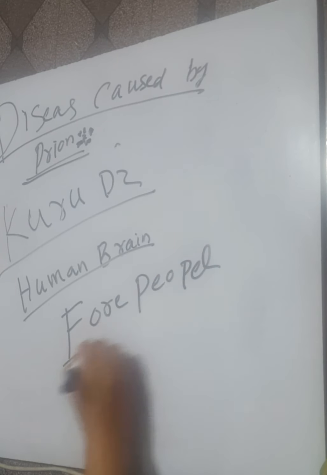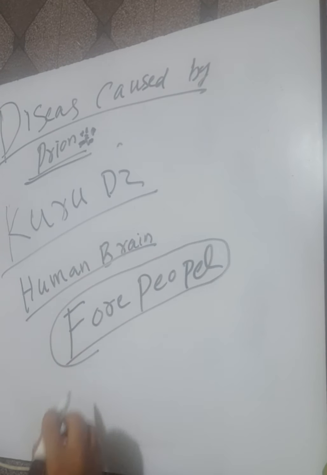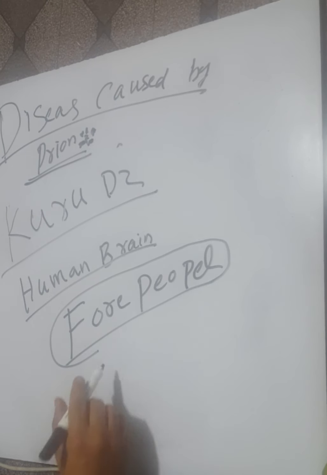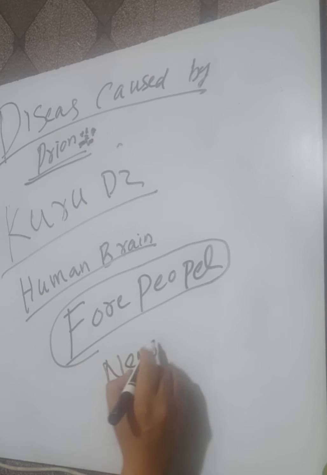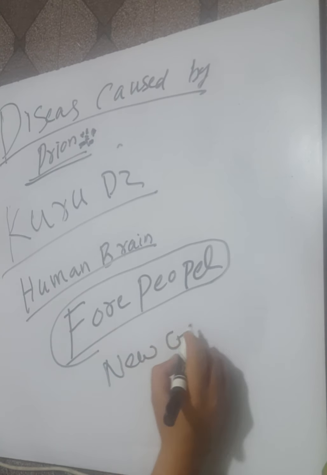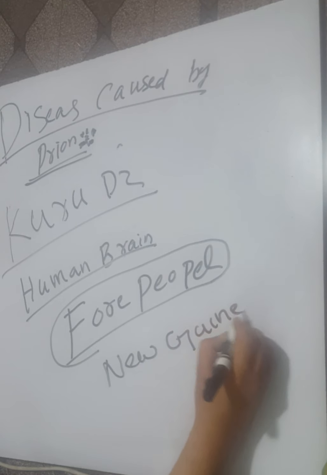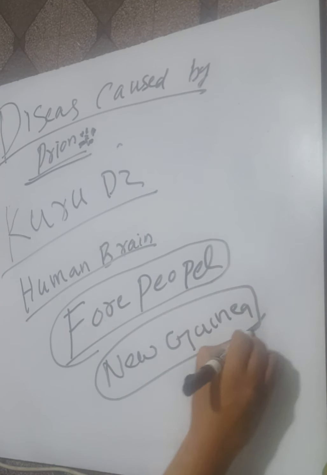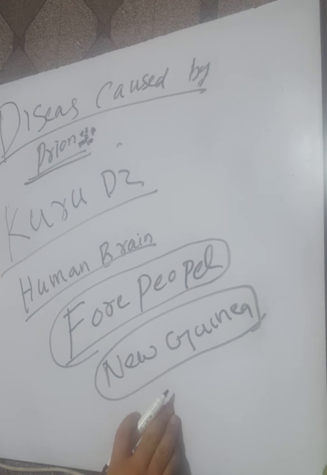In the past, people ate the human brain of their dead relatives and caused Kuru disease, especially in New Guinea. The infection spread through ritualistic cannibalism.